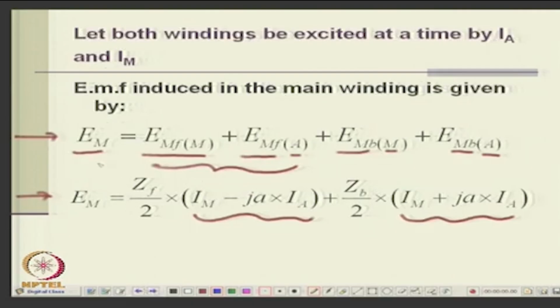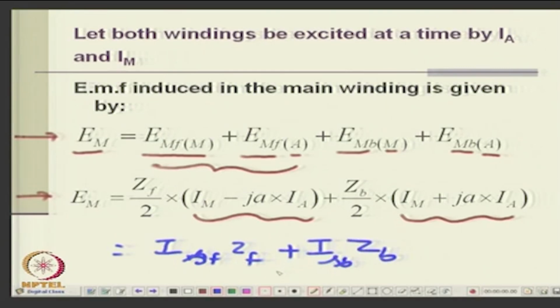Okay, you know V_m will be given by this: I_m minus j I_a by 2, what will this be? This will be I_sf Z_f plus I_sb Z_b, isn't it? This E_m, that is the induced voltage in the main winding, with both the currents will be due to the positive sequence net current and the negative sequence net current.